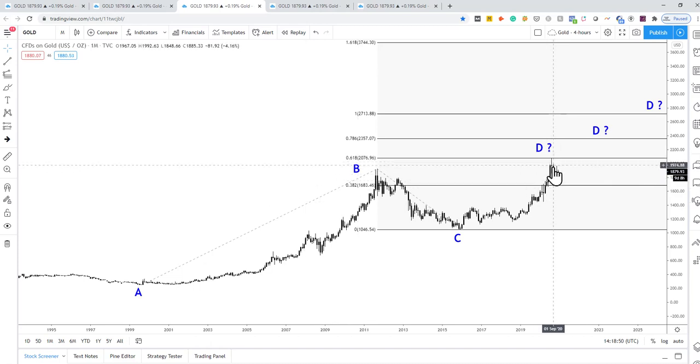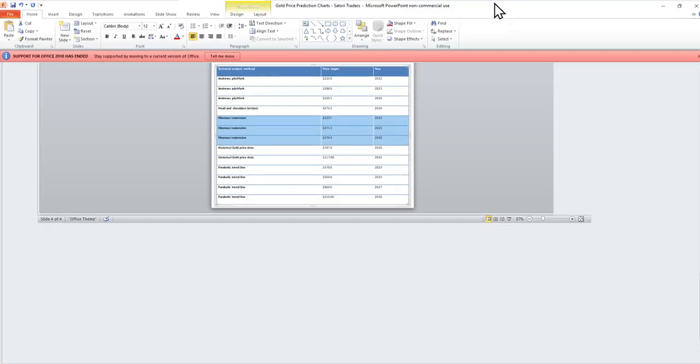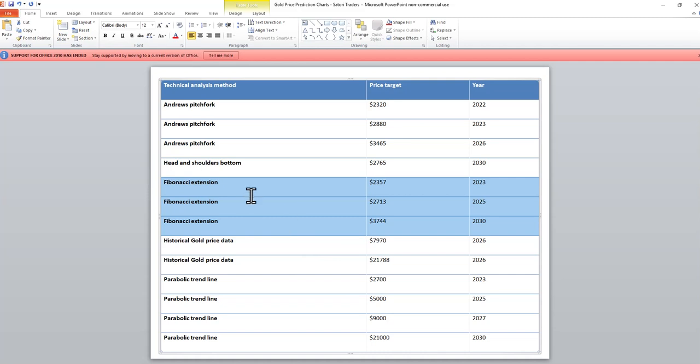But when you see price hit a target like that, it's reasonable to assume that this tool is accurately describing the price behavior. And so that's what I'm going to assume, that this fib prediction is certainly more accurate than the parabolic trend line, and somewhat accurate in general.